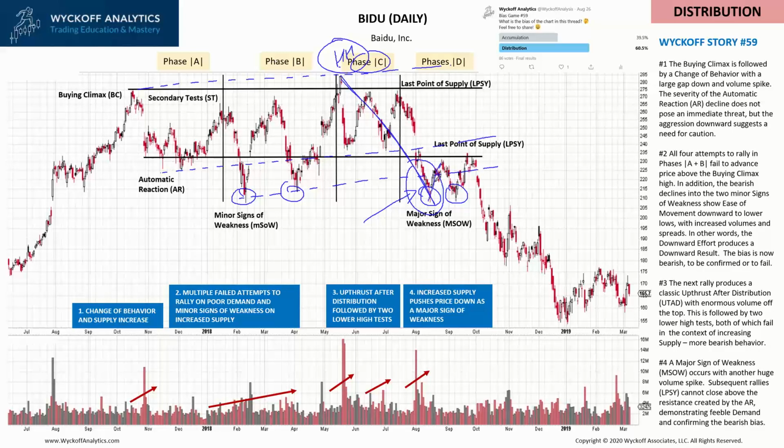And then look at where the rallies, last point of supply rallies, come after that. And obviously we are relying a lot on the character of those rallies. Where do they actually go? Well, they go to the resistance point that acted before as the support, and we can't get through. So that was also very telling.